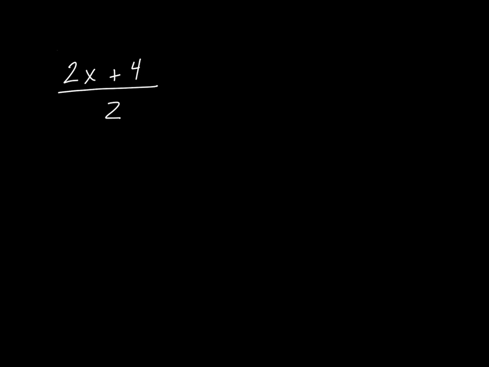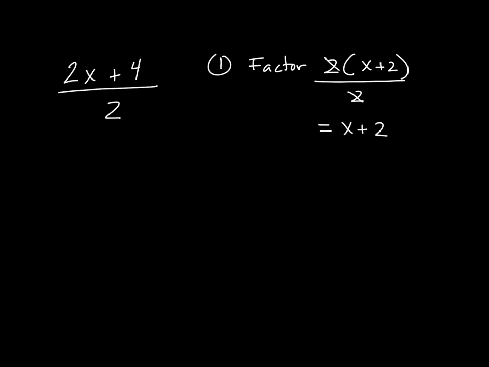So if I have 2x plus 4 divided by 2, how would you simplify that? You would have to factor, correct? And make that 2 parentheses x plus 2 all over 2, then the 2's can cancel out and you would be left with x plus 2.